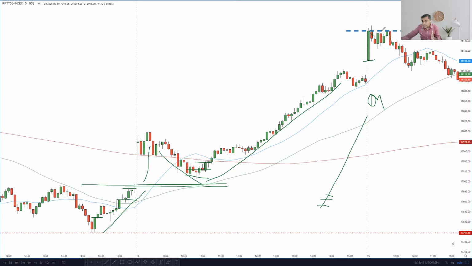So there are natural sellers up there at these highs, and then we have the buyers who turned into sellers because they are already in a very profitable position, and they will fuel this selling, which will make the prices just shoot to the downside.